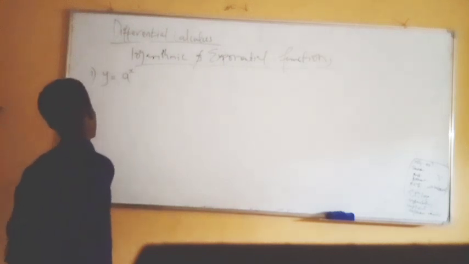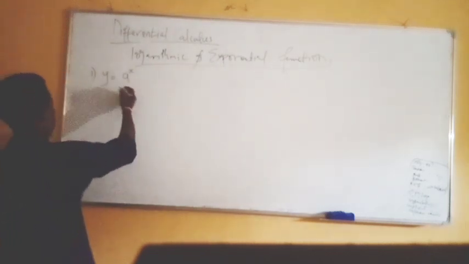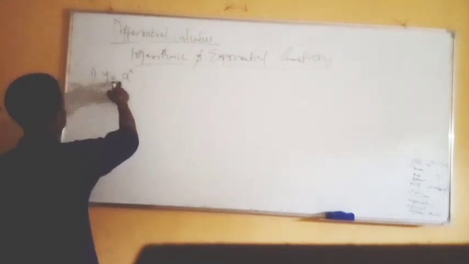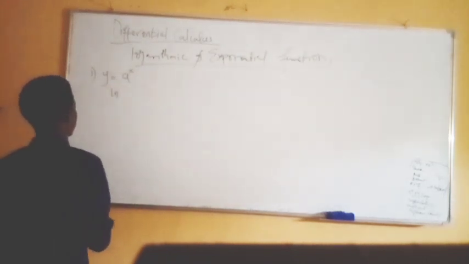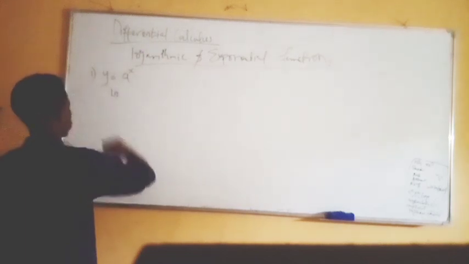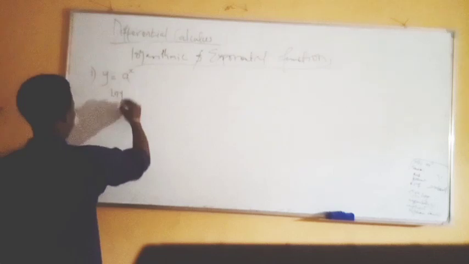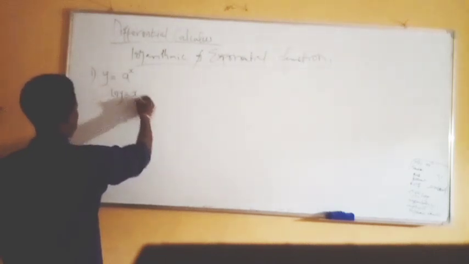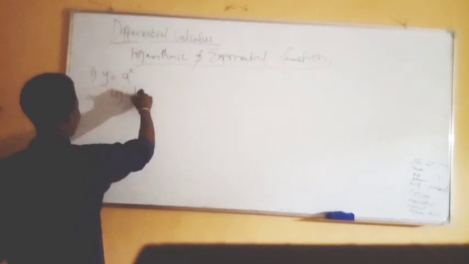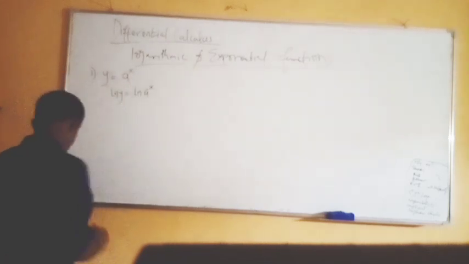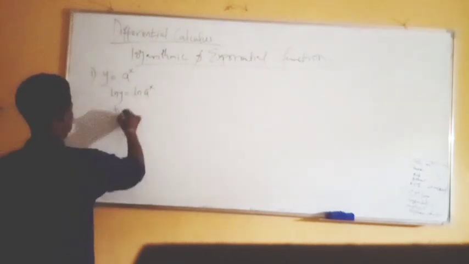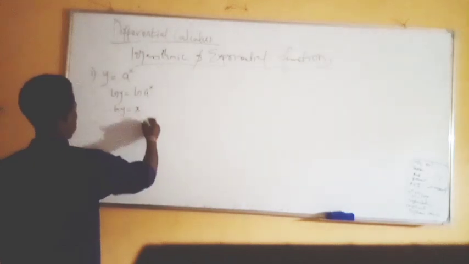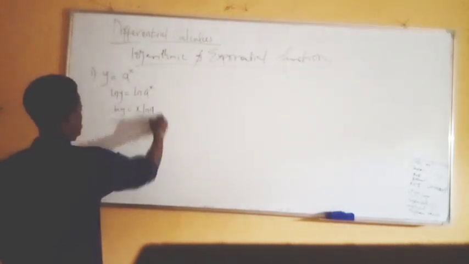We know that by the laws of indices, if we take the natural logarithm of this function on both sides, we'll have that ln y is equal to ln a to the power of x, and this also means ln y is equal to x ln a.